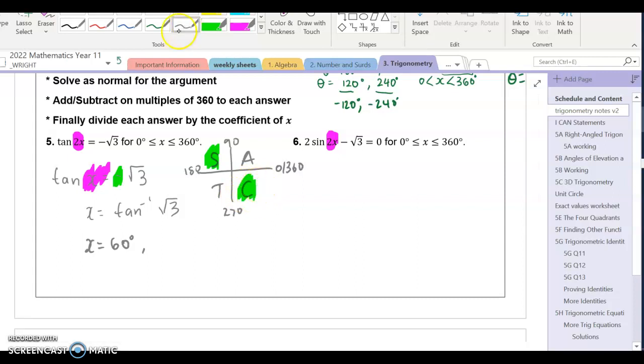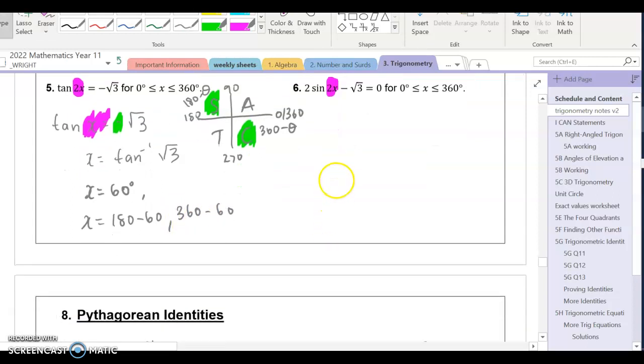So we want to have 180 minus theta and we want to have 360 minus theta, with theta, or our x, sorry, either way, x or theta is 60. So we're going to have values for 180 degrees minus 60 and 360 degrees minus 60 as well. That will give us values of 120 degrees and 300 degrees.